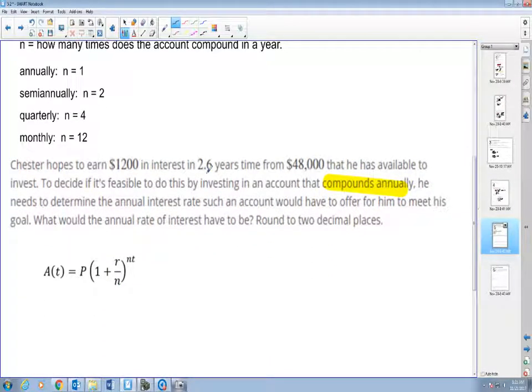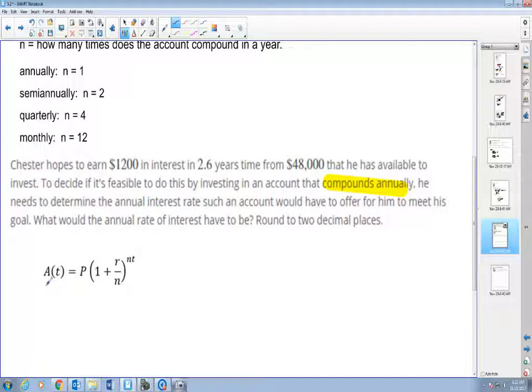Time is 2.6 years, which goes right here. $48,000 is what he has available, so that will be his initial investment. So I have my P, my n, my t. I'm looking for R, so I need my A sub T.